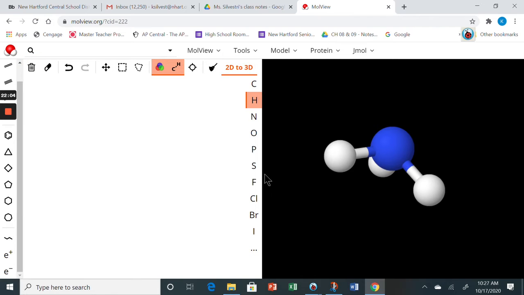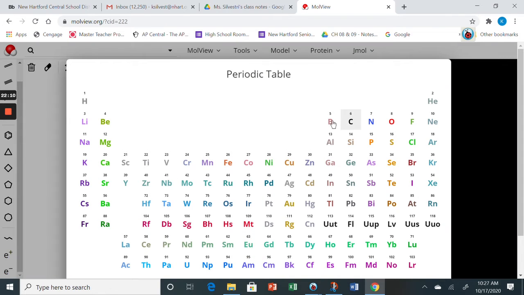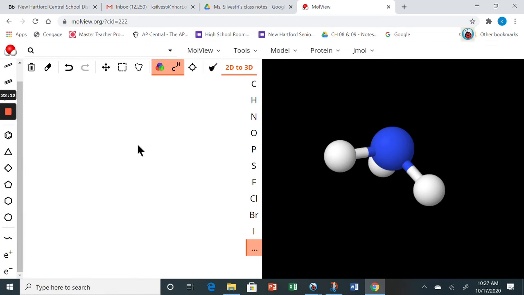Now I'm going to do boron bonds. So I have to come back down here to my other periodic table. I'm going to pick boron and put boron in the middle. I'm going to do a single bond, and do 3. And I'm going to change them because I said it was hydrogen. Okay, notice I'm cheating. I make the bond go by default to carbon, then I change the carbon to another atom.